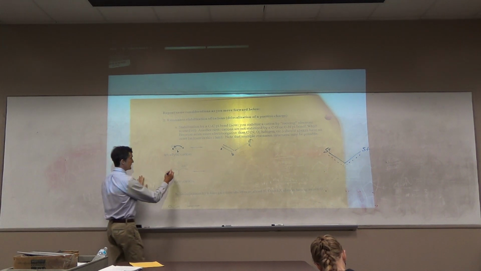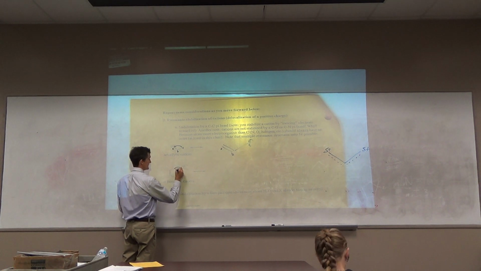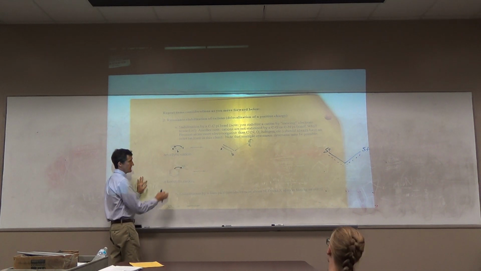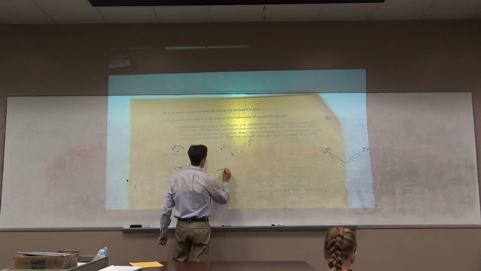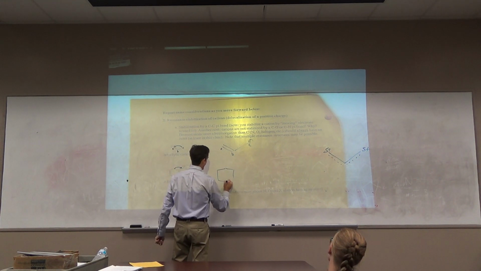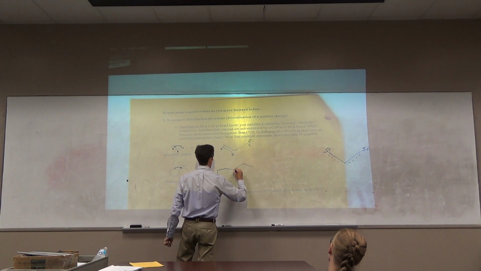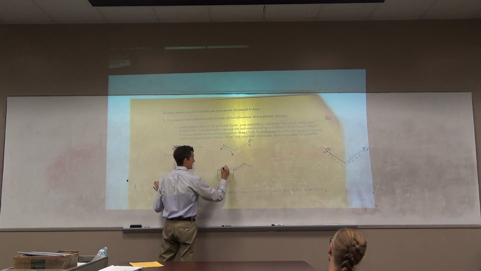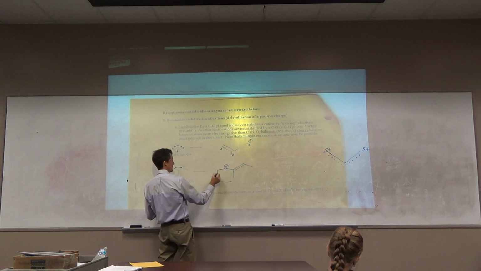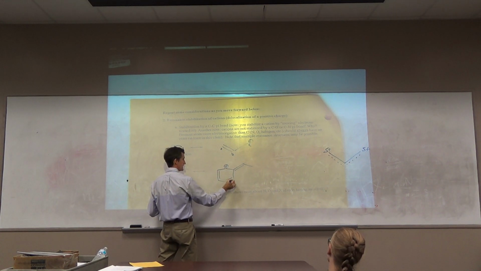The old windshield wiper. These electrons can move here. Either line could be considered the pi bond. Windshield wiper over. We now have a double bond there. Positive here. And we did not do anything here or here.